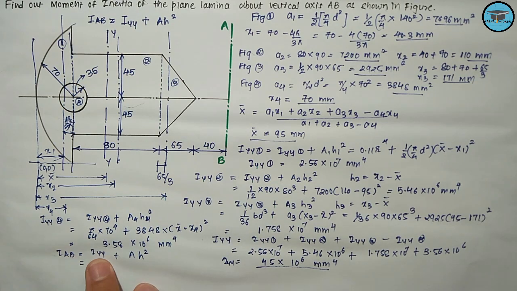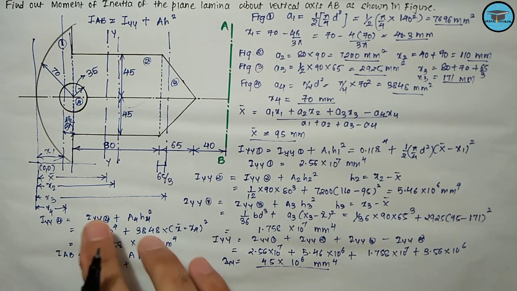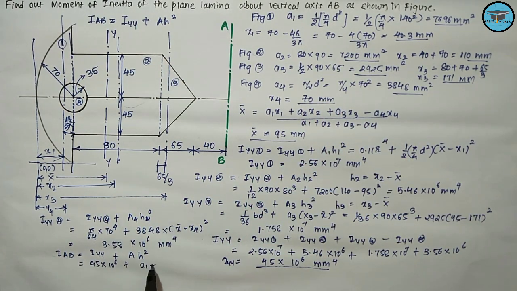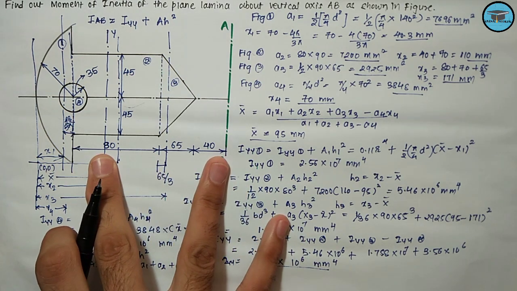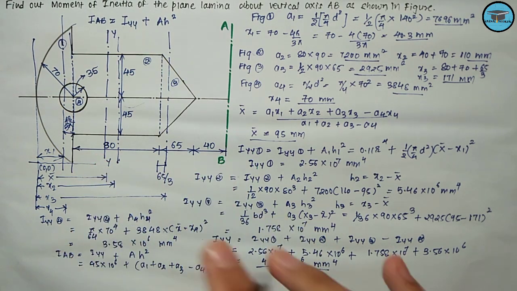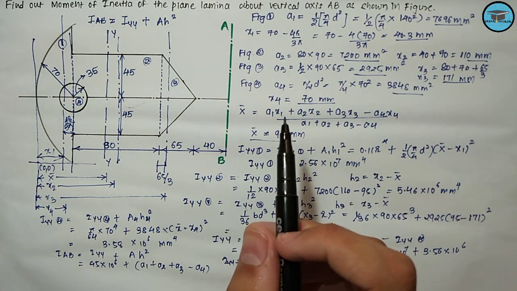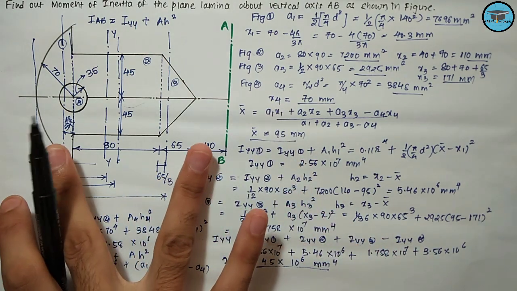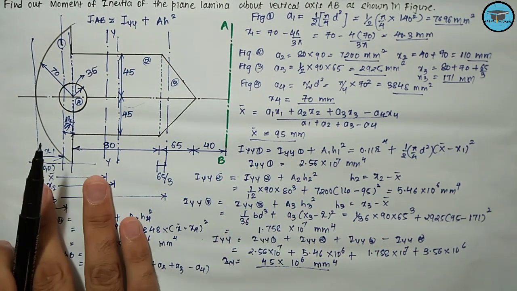So Iyy, that is given as 45 into 10 raised to 6, plus area of this plane lamina, that is A1 plus A2 plus A3 minus A4, into the square of the distance between these two axes. Okay, so it can be given as this much total distance minus x bar.